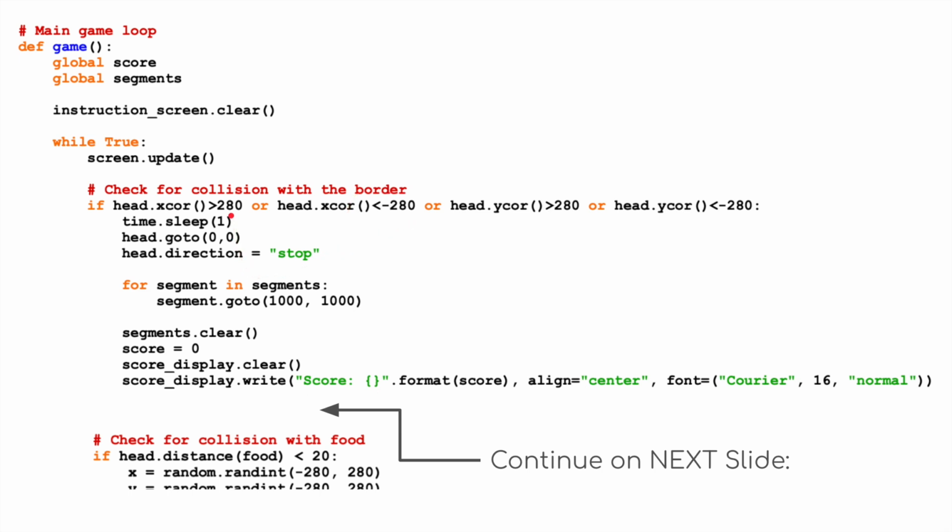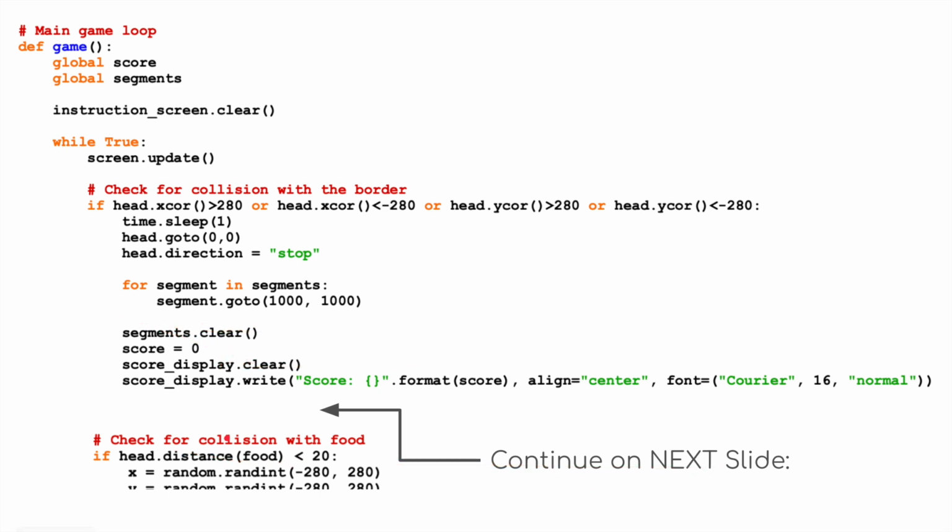If the head at any point is greater than the x position 280 or less than the x position minus 280, and the same for the y-axis, then the game will stop. If it hits the wall, obviously the score is set to 0 and the segments are cleared. There are no more segments on the snake's body.